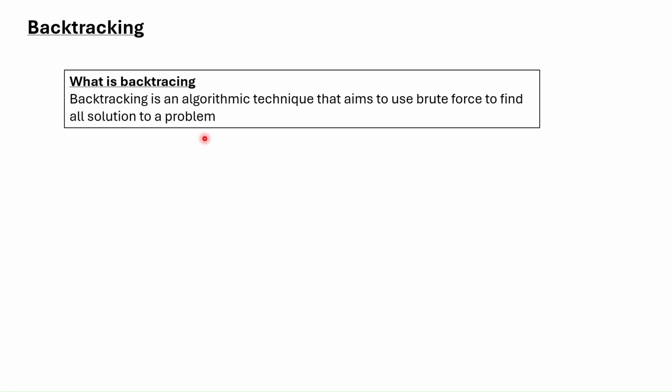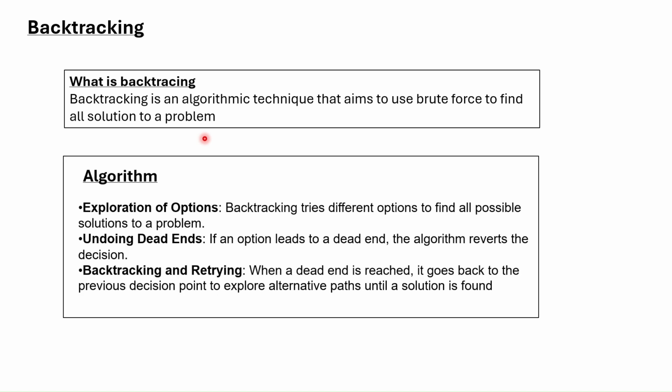In backtracking, we try different options and undo them if they lead to a dead end. When a dead end is reached, the algorithm backtracks to the previous decision point and explores a different path until a solution is found.